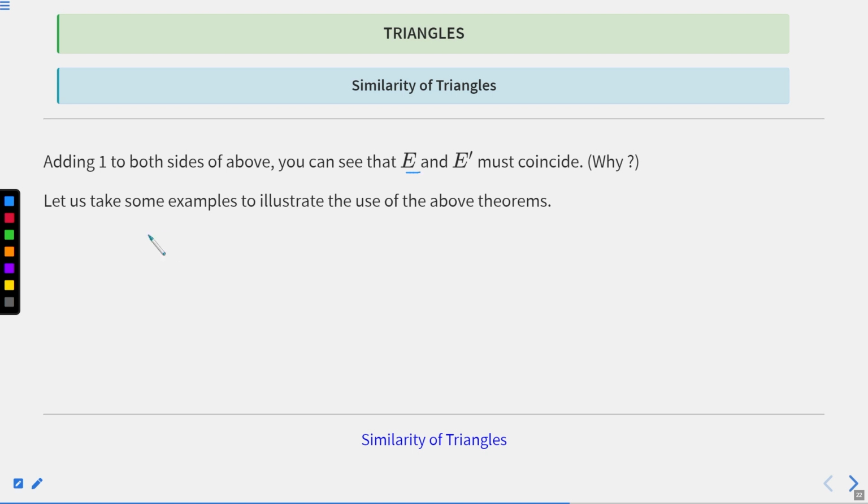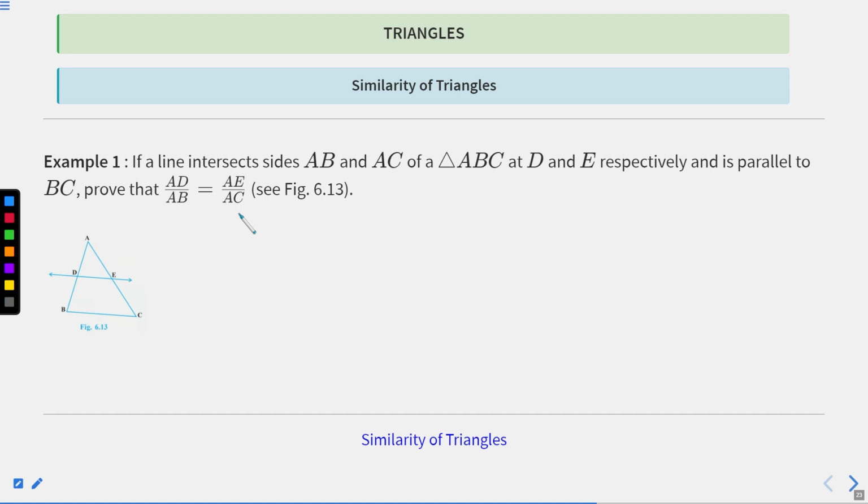Let us take some examples to illustrate the use of the above theorems. So first, example 1.